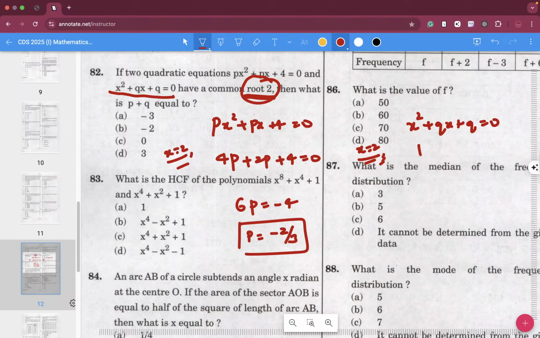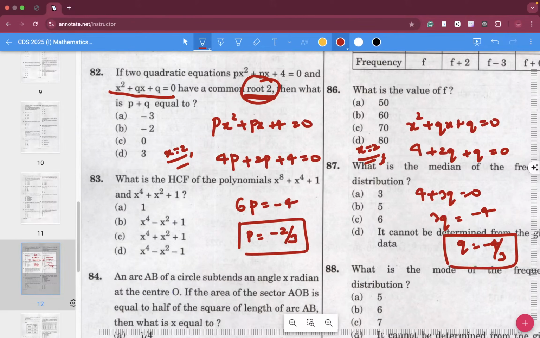So x square is 4, plus 2q plus q is equal to 0 is what you are getting, right? So 4 plus 3q is equal to 0, so 3q is equal to minus 4, and q is equal to minus 4 by 3, right?